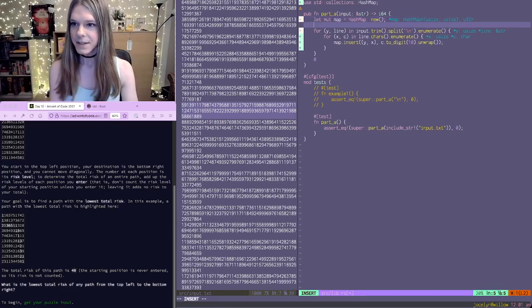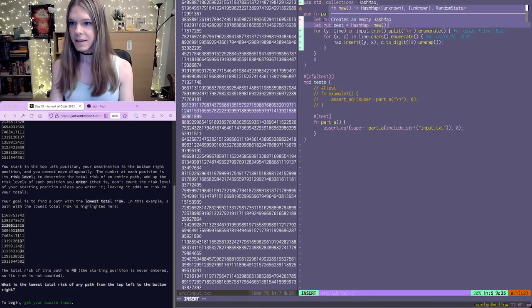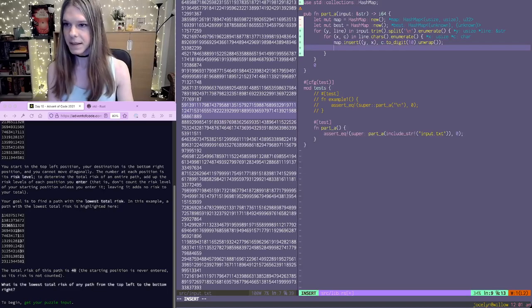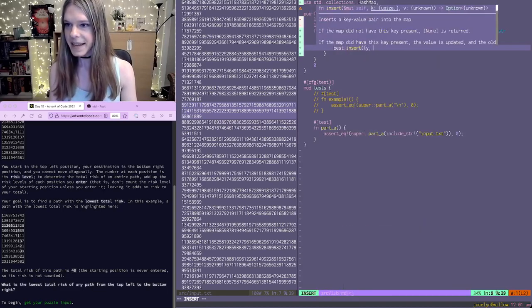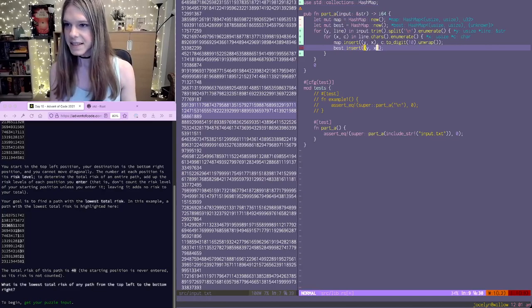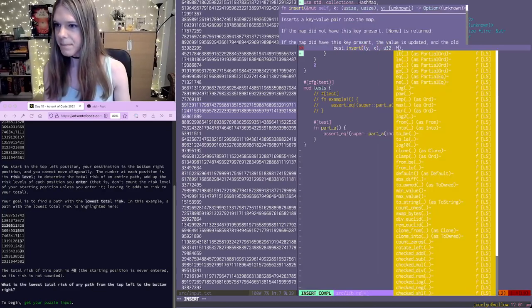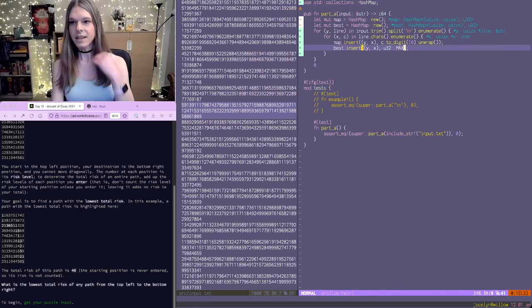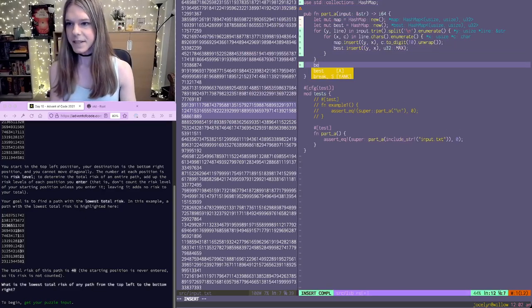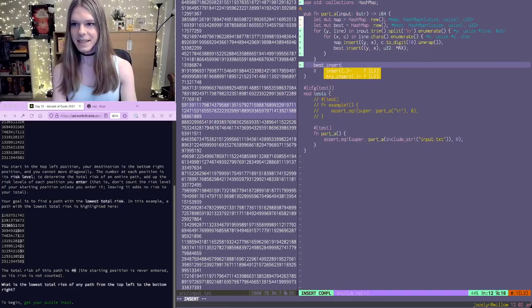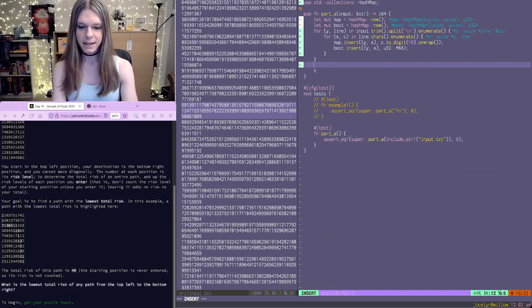So what that looks like is we create another hash map, and this is going to be best.insert yx, and this is just going to be u32::MAX. And now we're going to get a list of locations to go to next.